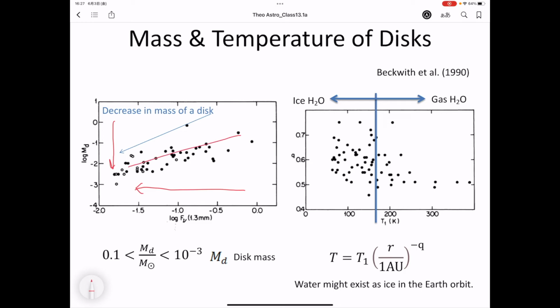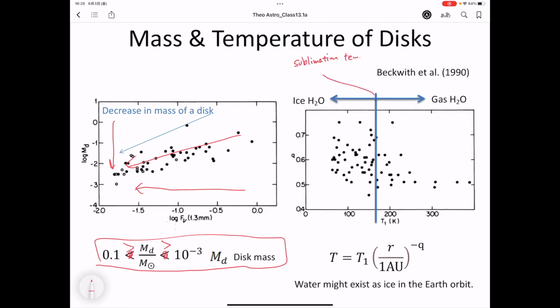So you can find that the mass of the disk decreases with the decreasing energy flux. The disk mass is less than 10% of the solar mass, but larger than 10 to the minus 3 solar masses. And also we could find out the temperatures of a disk.